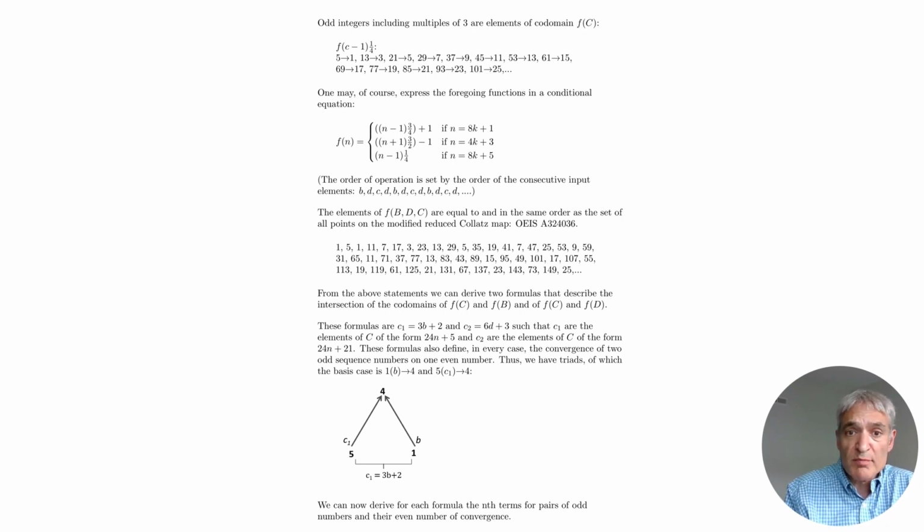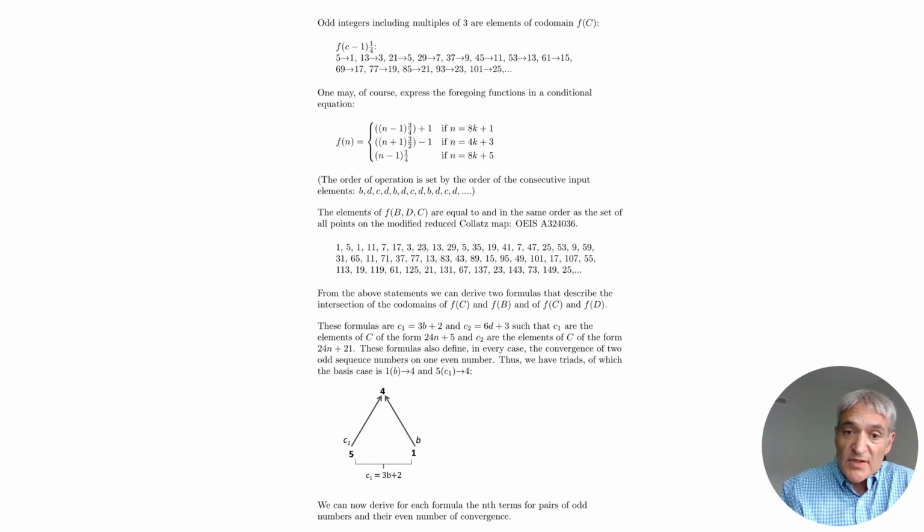So it's always B, D, C, D. The elements of the codomains of the functions for B, D, and C are equal to and in the same order as the set of all points on the modified reduced Collatz map as published in OEIS A324036.